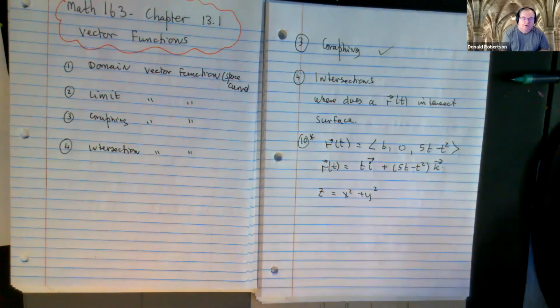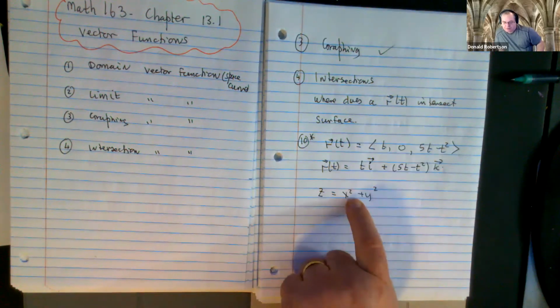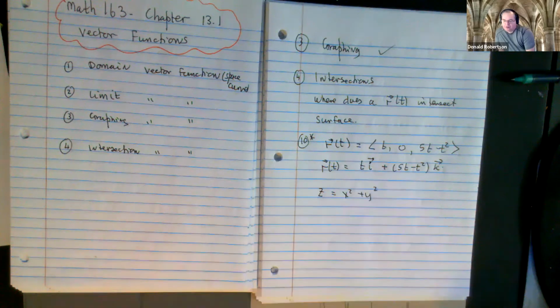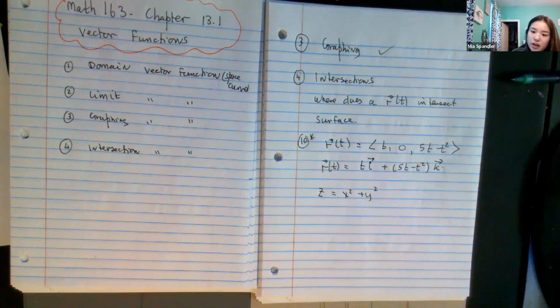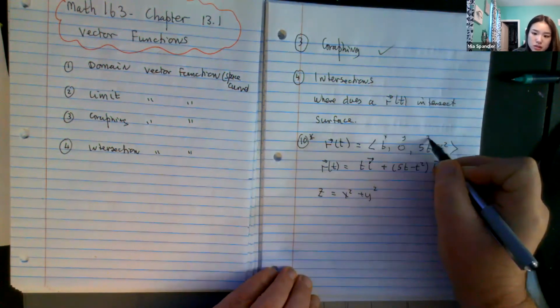So how do you think we do that? I think we did one with a line meeting a plane yesterday. How do you find out where this space curve intersects with that surface? Substitute in the x's in the space curve for the xyz's.